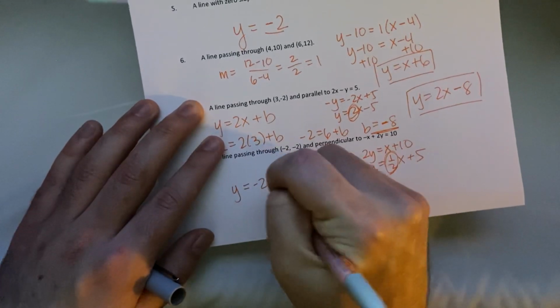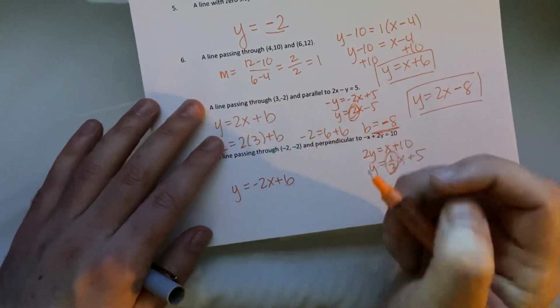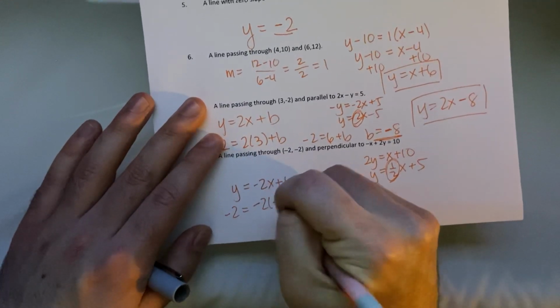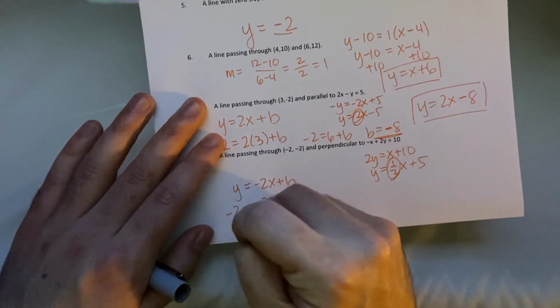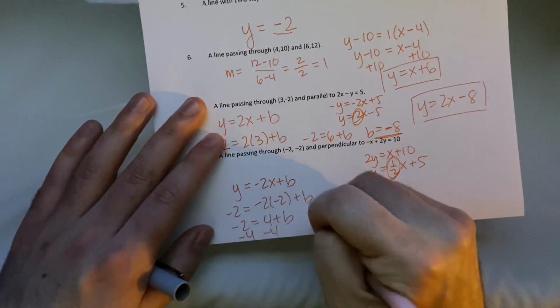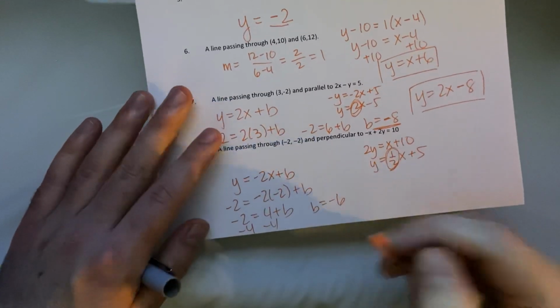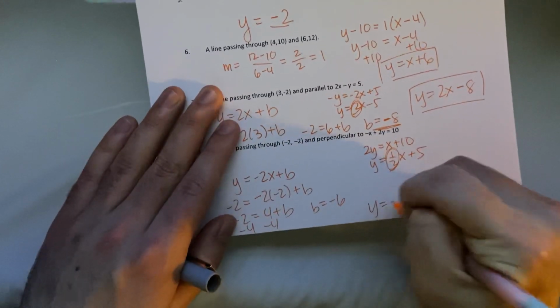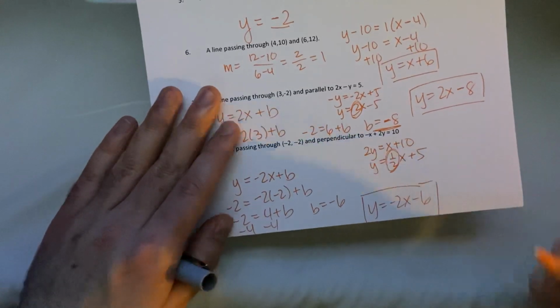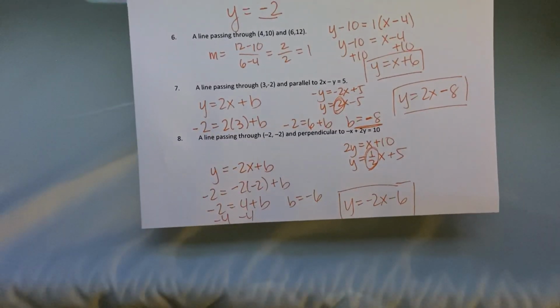So we know y equals -2x plus b, and I plug in the point. So -2 equals -2 times -2 plus b. So -2 equals 4 plus b. Subtract the 4. b is -6. Put it back into the equation. y equals -2x minus 6. And we will finish this section in the next video.